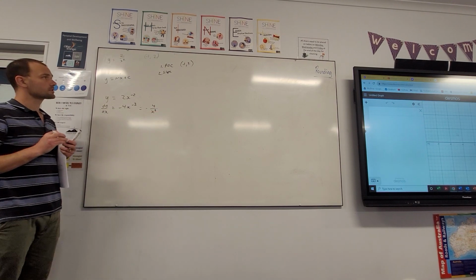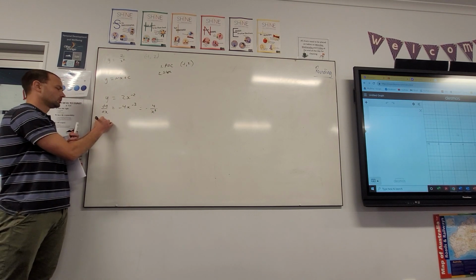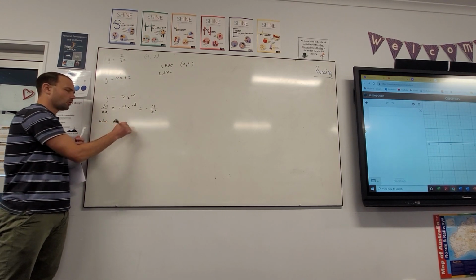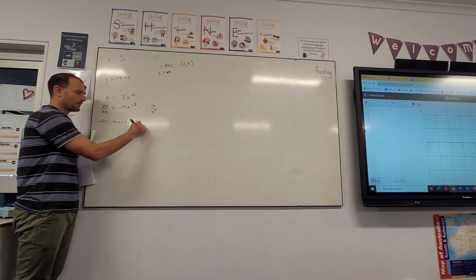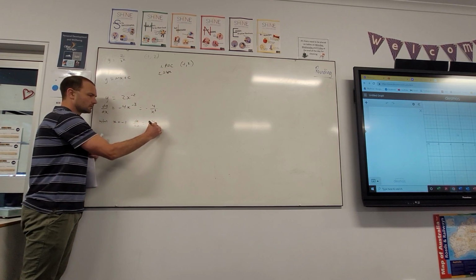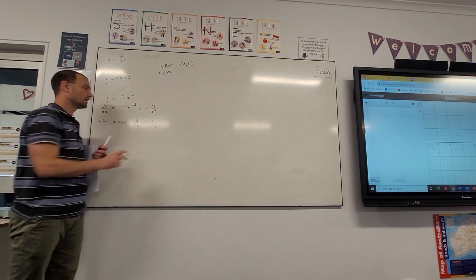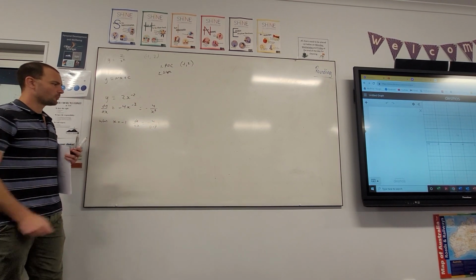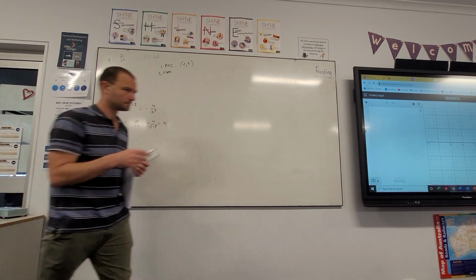We want to know the slope when x is minus 1. We can put this straight in our calculator: minus 4 on top of minus 1 gives positive 4.